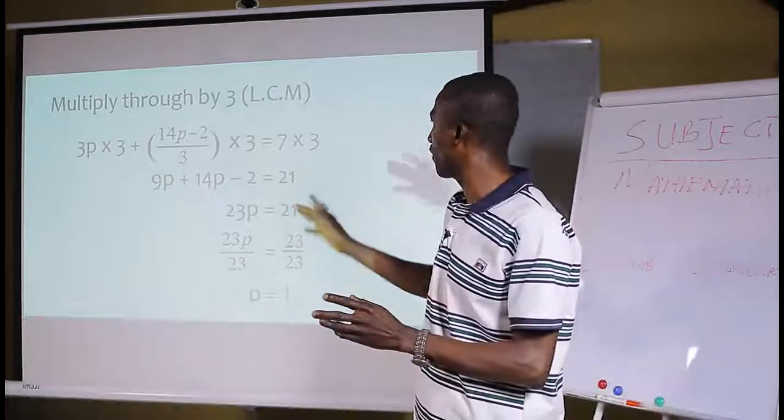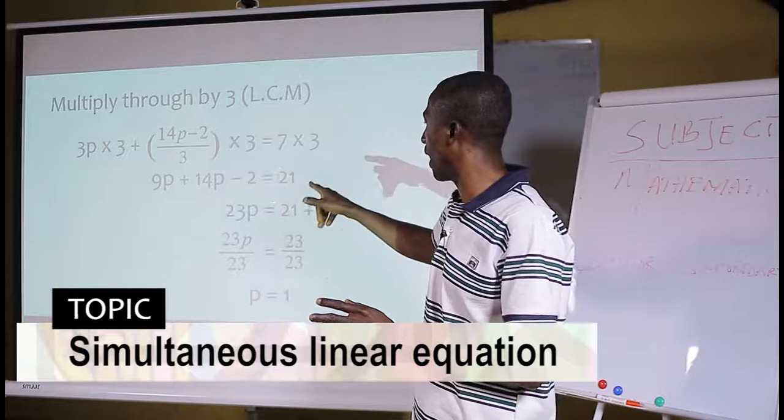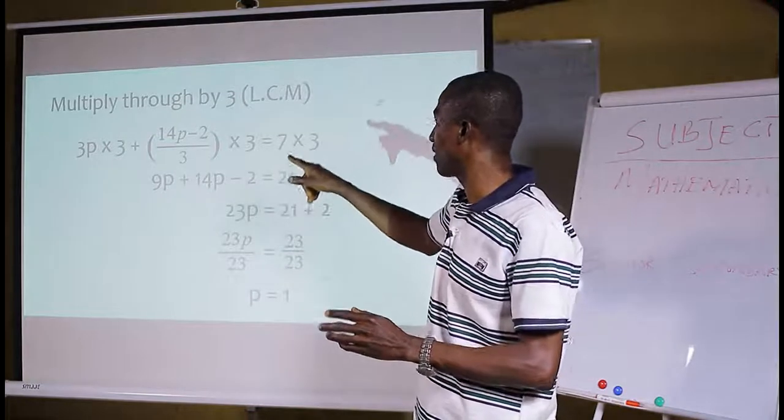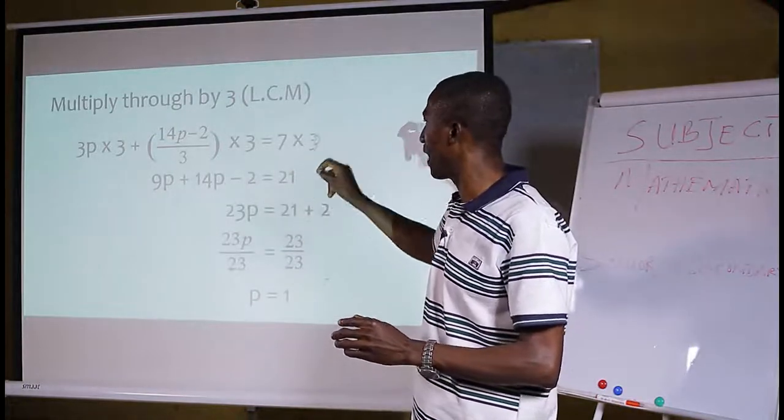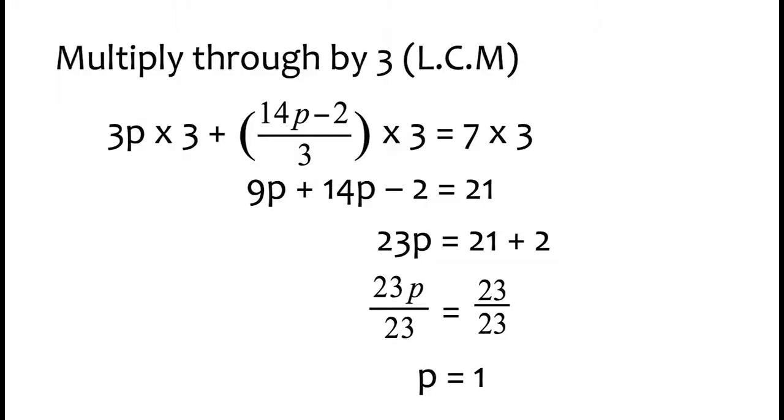So we are now going to have 14p minus 2 divided by 1, and that gives us 14p minus 2 equals the right-hand side, which is 7 times 3. And 7 times 3 equals 21.